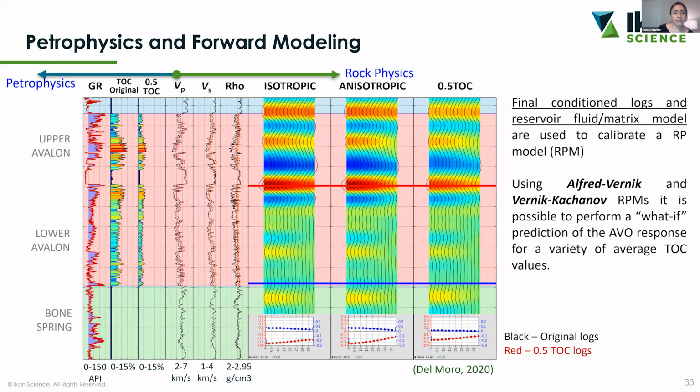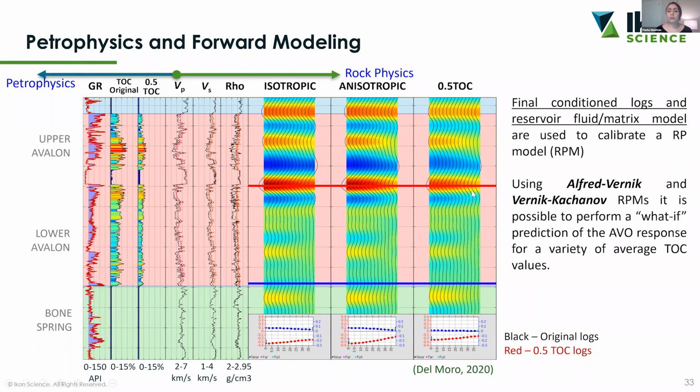A model has been identified and then used to perform what-if scenarios and understand the equivalent synthetic response. Then you can see that after a 50% reduction of the TOC in the upper and lower Avalon, the isotropic and anisotropic gather traces have been computed.